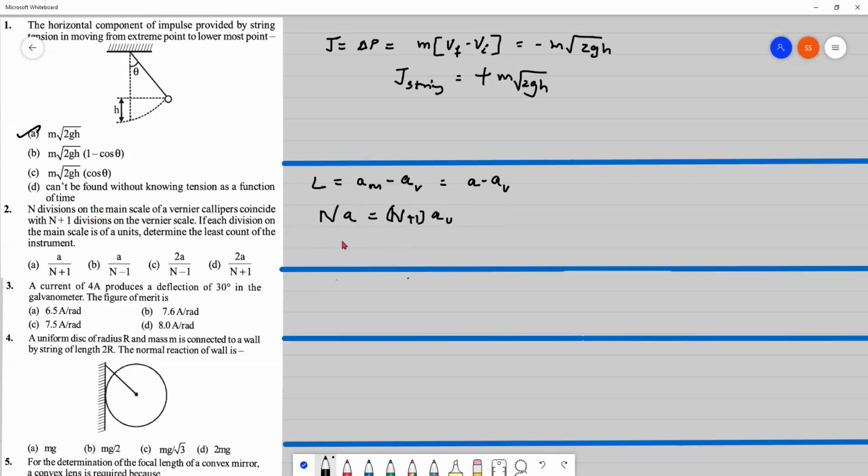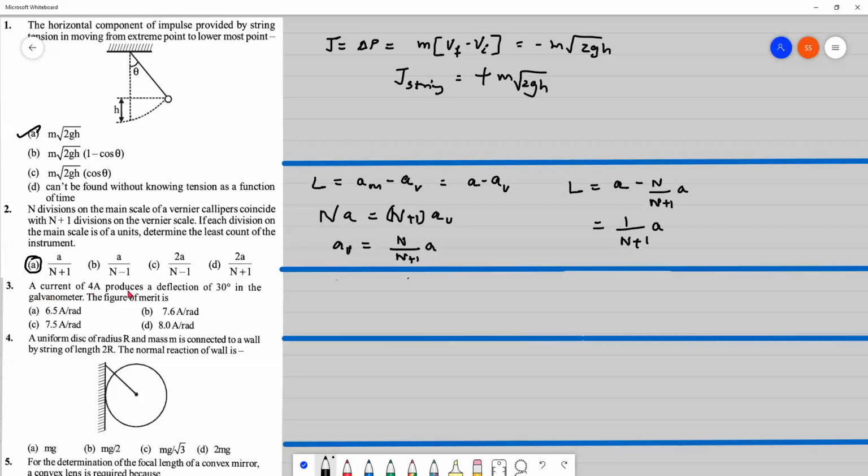So from this we get A_V is equal to n by n plus 1 times A. Now the least count as per the formula is A minus A_V, so it is A minus n by n plus 1 times A. When you subtract, n plus 1 minus n, the n gets cancelled. So it is 1 divided by n plus 1 times A. This should be the right answer.